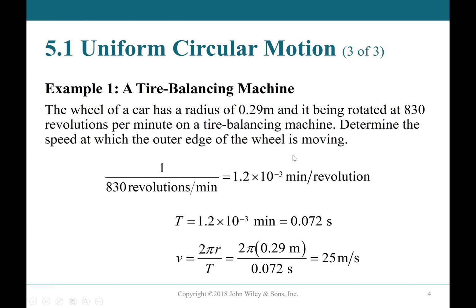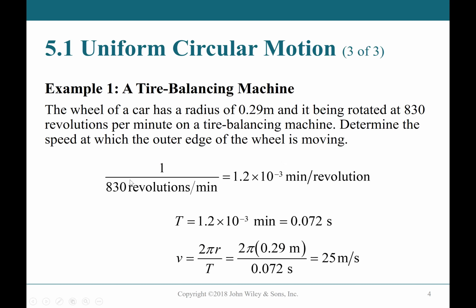Now, before we can determine the speed, which is 2 pi r over the period or the time, first we must put the time in seconds. But you notice here that we weren't given the time. We were given how many revolutions it completes per minute.